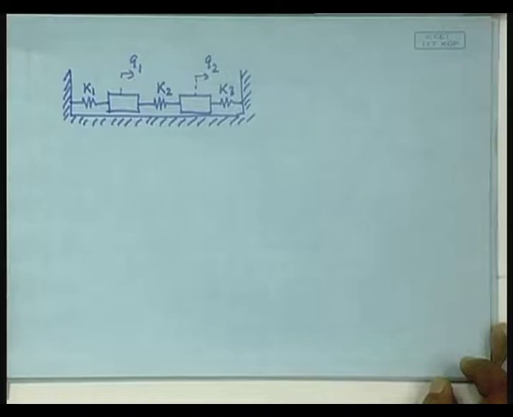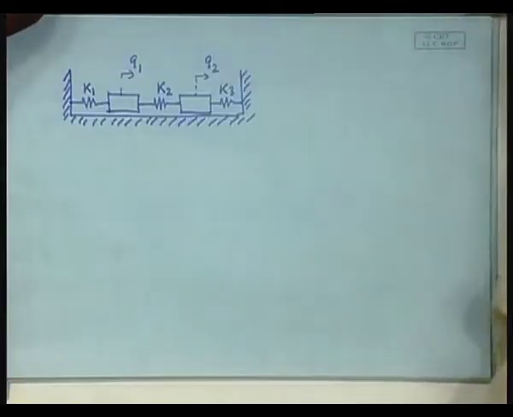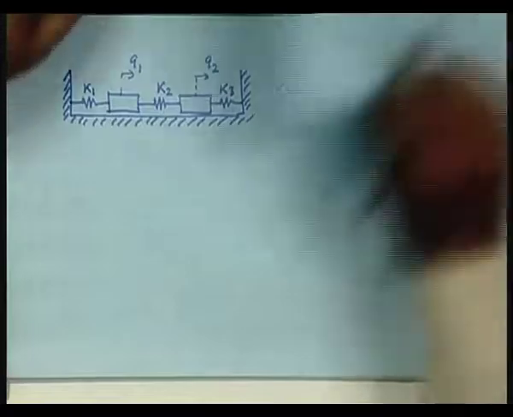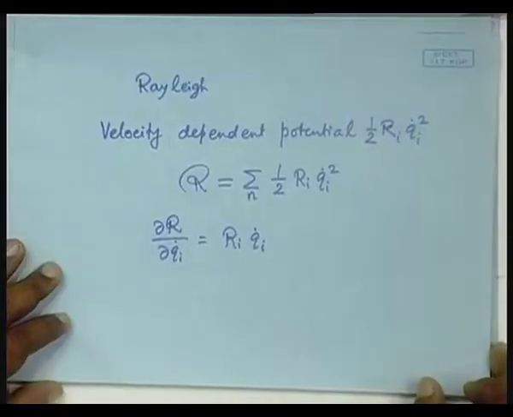Sir, in this case when we had conservative forces, we took Qi as minus dV dqi, right? And for frictional forces, del R del qi dot.